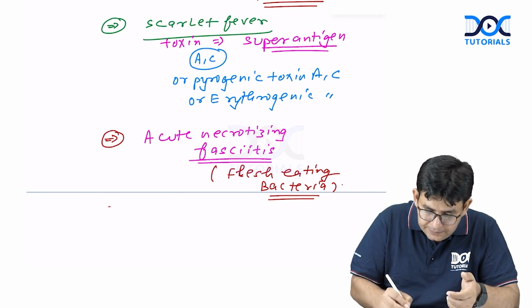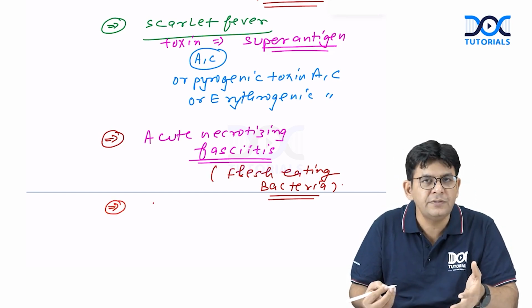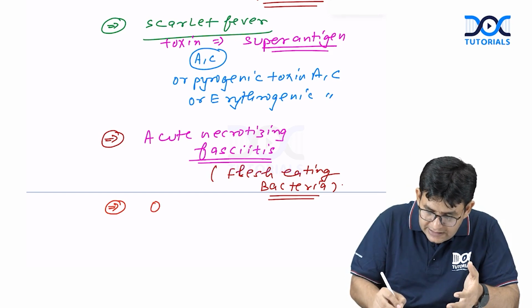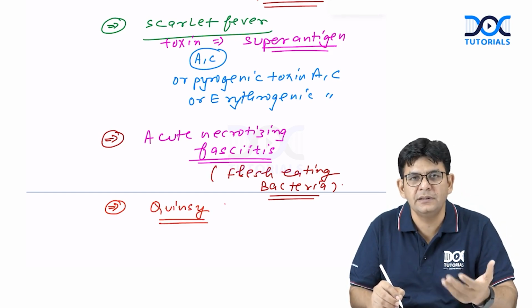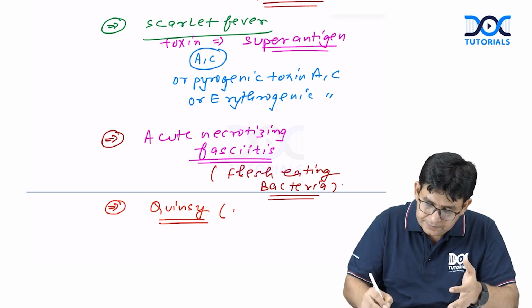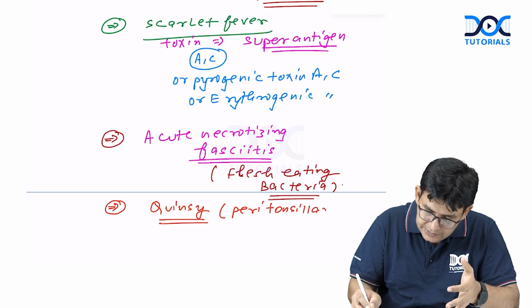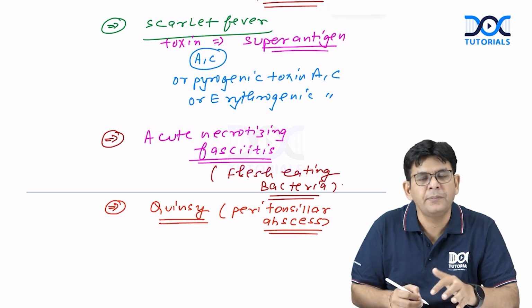Other than that, certain ENT conditions, like it is associated with quinsy. And what is quinsy? Peritonsillar abscess. That is what is termed quinsy. So quinsy is done by this particular Streptococcus pyogenes. Okay.